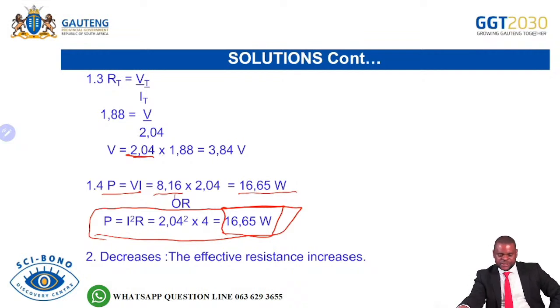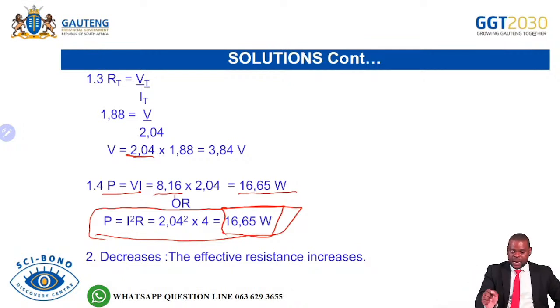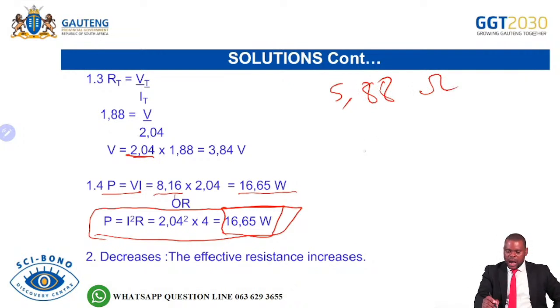Because the effective resistance increases. Remember, the total resistance was 5.88 when we calculated it. But now we will only have a series connection, we're not going to have a parallel connection. That means we'll have two resistors. It's going to be 3 and 4, which gives us 7 ohm.